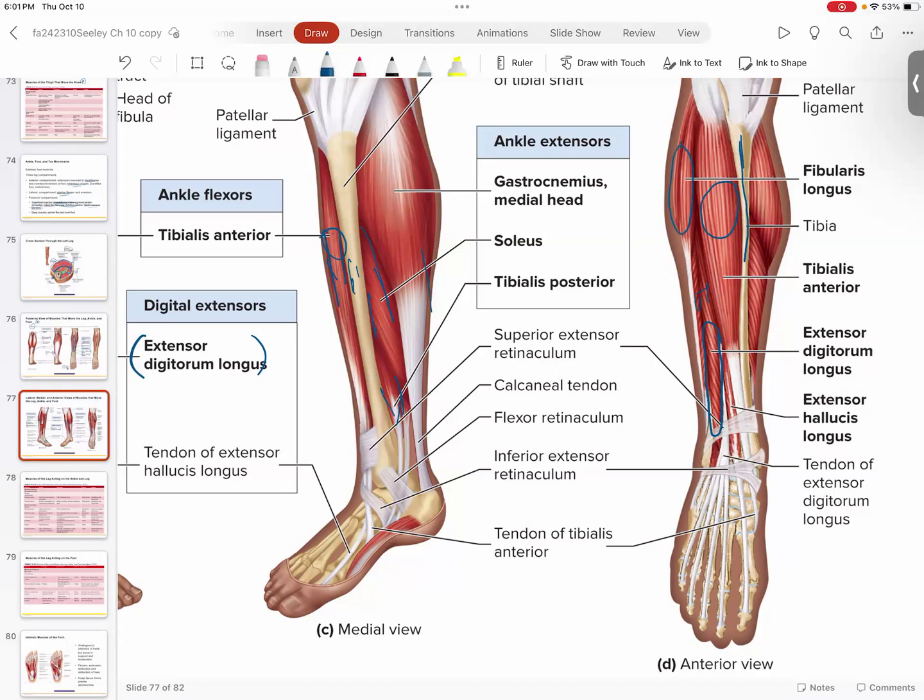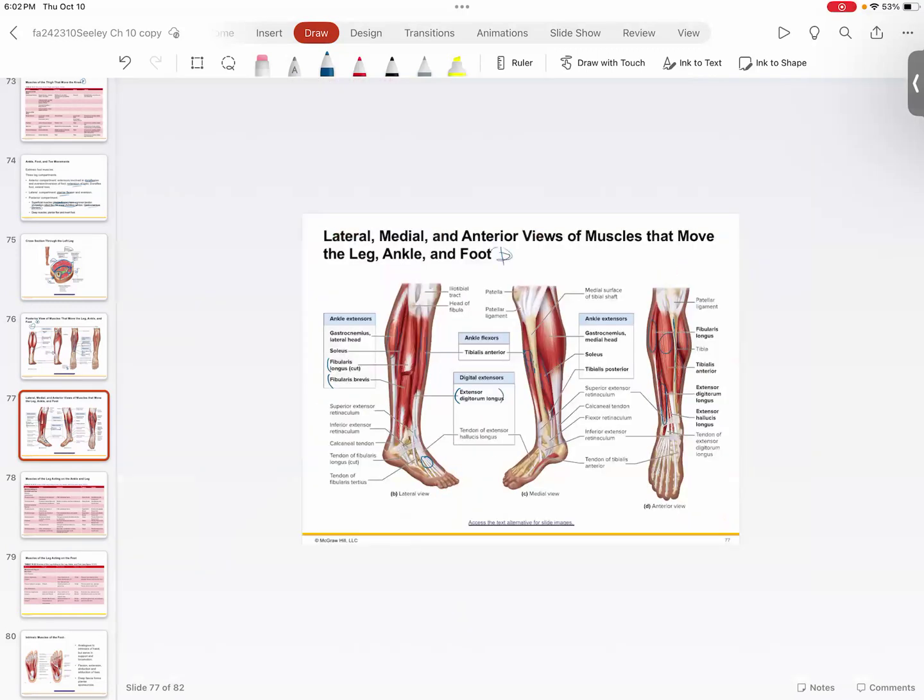And then as you rotate to the medial side of your anterior view, you're going to see the flexor longus, and probably your soleus and your gastrocnemius on the other. So this is also a good one that should get a star.